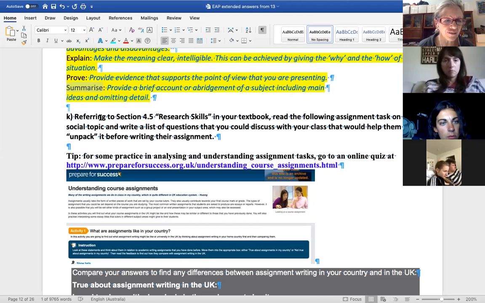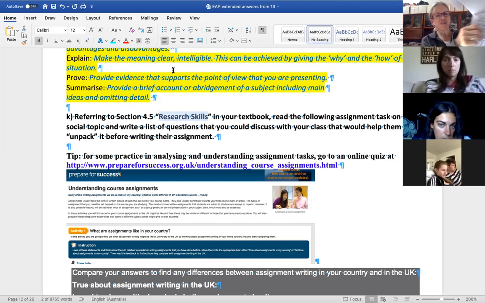Okay, so K, referring to section 4.5, research skills in your textbook. My book, I let Nelson borrow, so I only got a photocopied version. 4.3, 4.4.